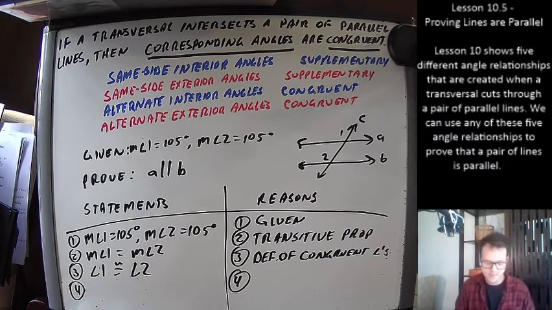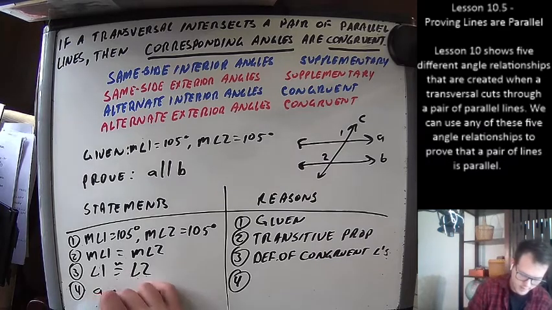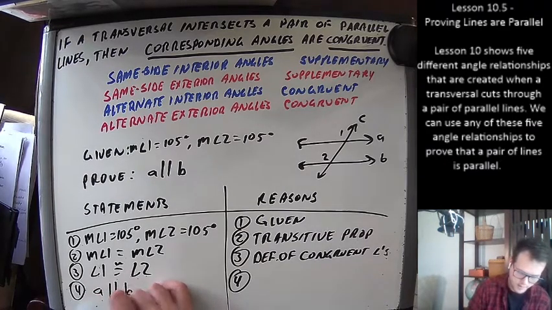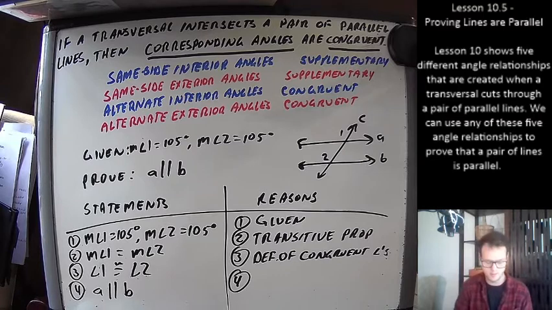Okay, now our very last step, we can absolutely say that line A and line B are parallel to one another. So line A is parallel to line B, and how do we know? We are going to state the converse of the corresponding angles postulate. Now, we haven't named it as such. If you just wrote corresponding angles, I'm okay with that.